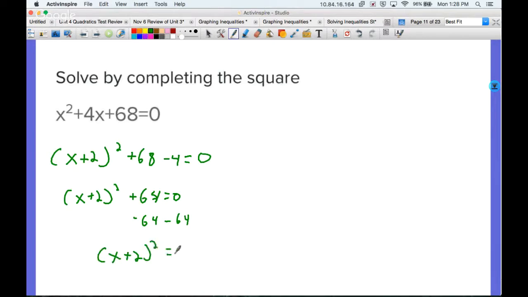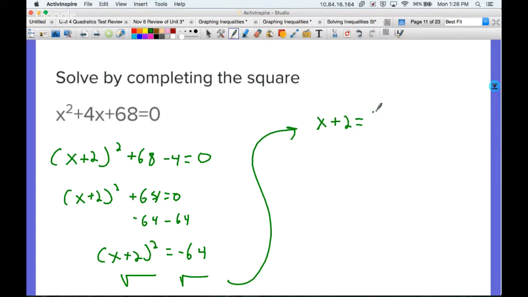(x plus 2) squared equals -64. This is the beauty of completing the square. If I take the square root of both sides, it will completely cancel out that squared. I'll get x plus 2 equals plus or minus the square root of -64.